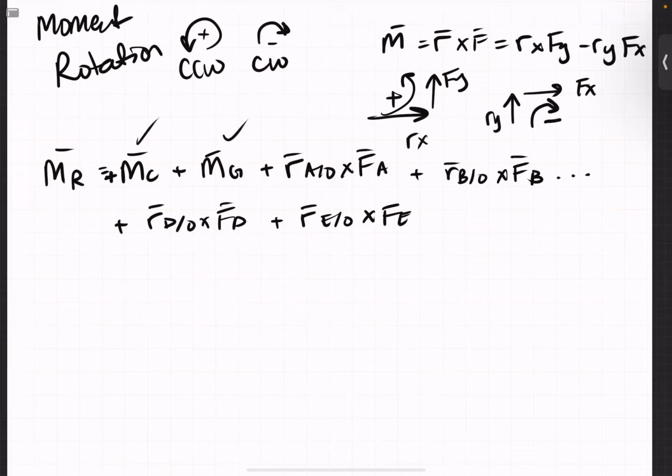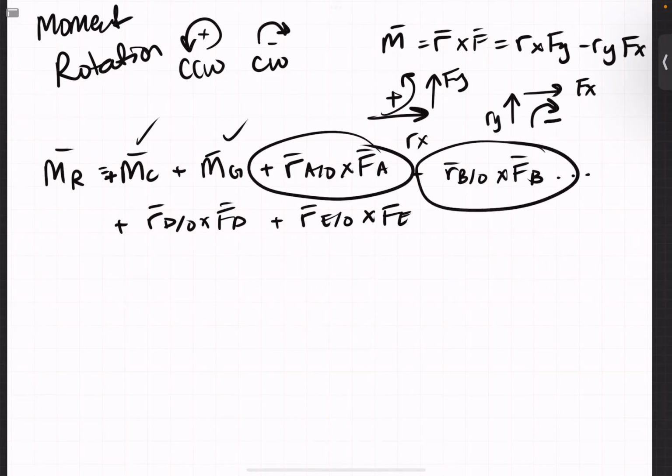So these are nice and easy because we just have single values for them. The RA with respect to O and RB with respect to O have X and Y components. And then the forces, E has components in the X and Y as well.